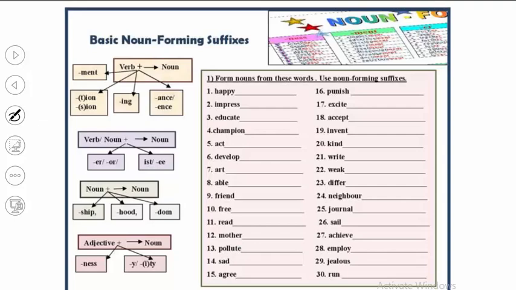Right? Improve. Improve is a verb. If we add -ment, improvement. Right?